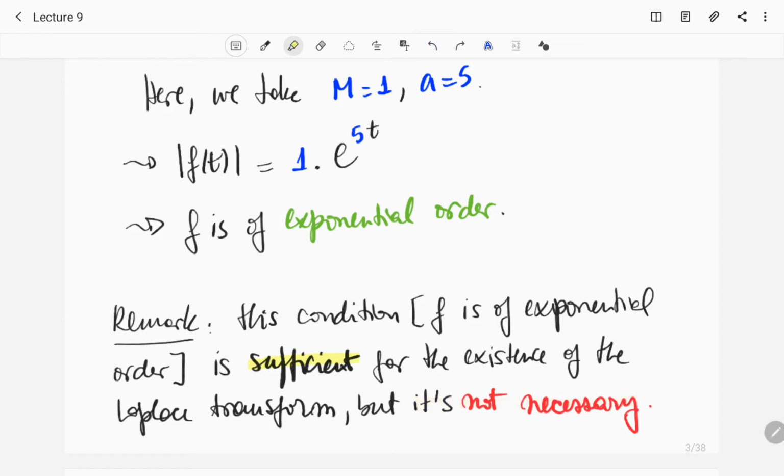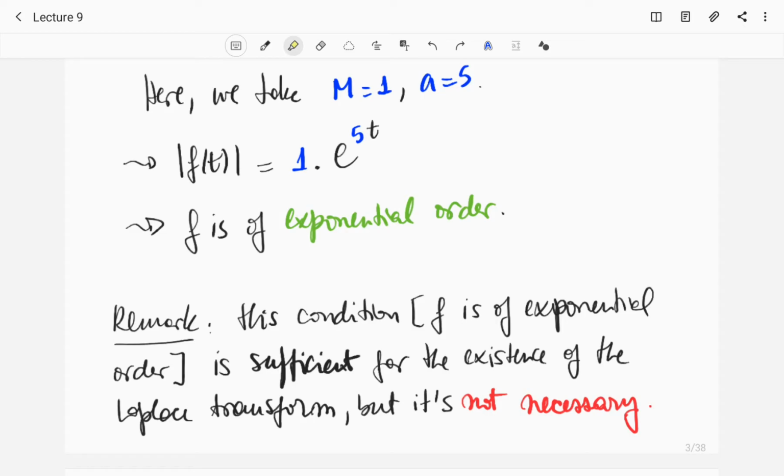So in this case we are giving only a sufficient condition, which means if I have a function f of exponential order, I can say that then the Laplace transform will be well-defined and finite. But it might happen that I have a function whose Laplace transform I can compute, and it is finite, but this function is not of exponential order.